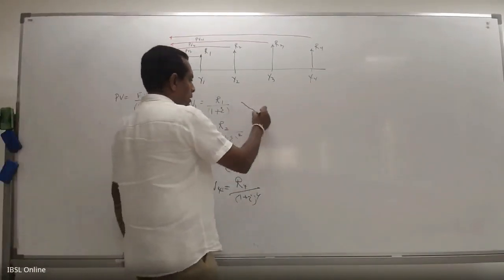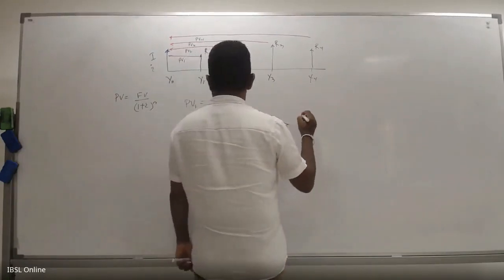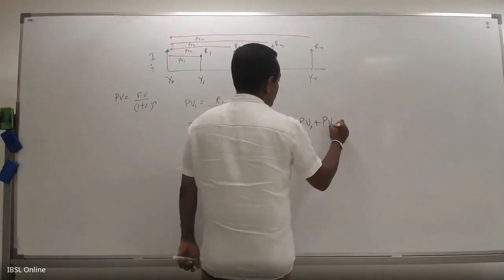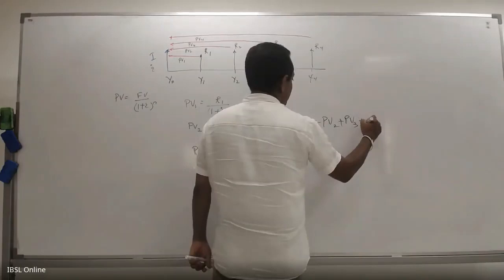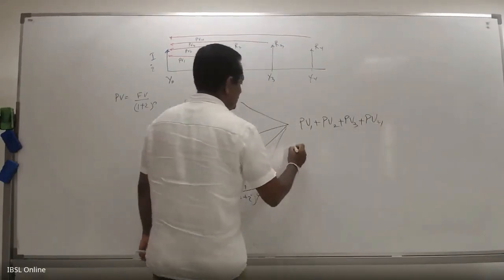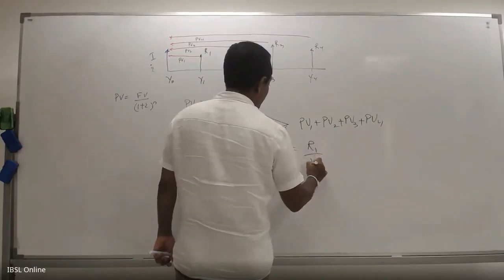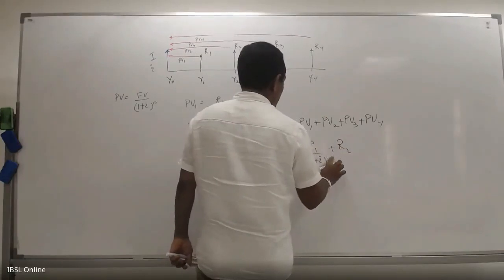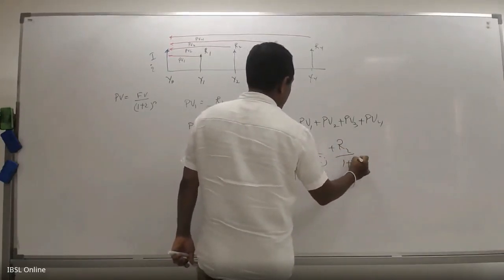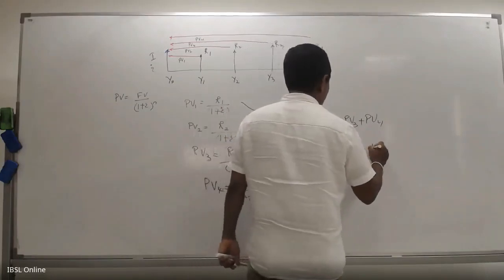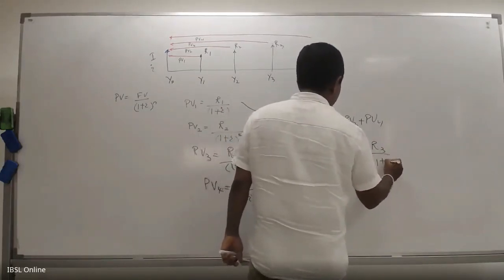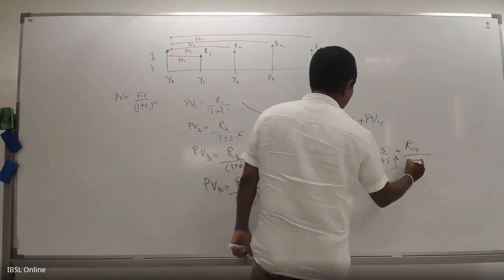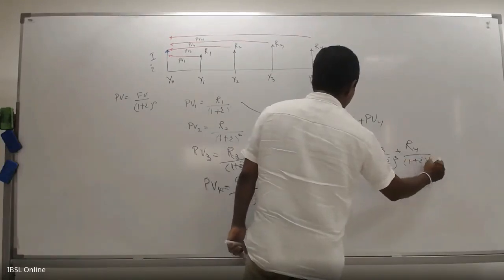So you take this one. What is the total value? Present value 1 plus present value 2 plus present value 3 plus present value 4, which is equal to R1 by 1 plus I to the power n, R2 by 1 plus I to the power 2, R3 by 1 plus I to the power 3, R4 by 1 plus I to the power 4.